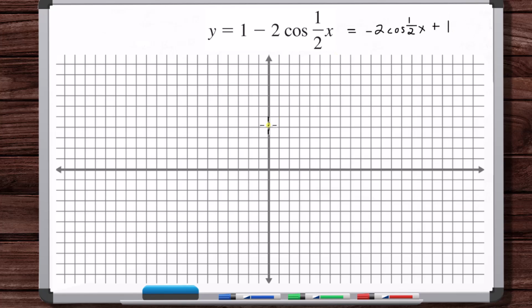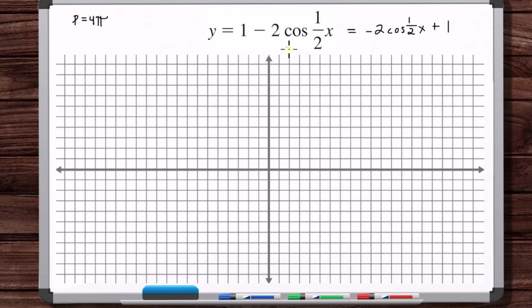We're going to shift up 1. There's no shifting horizontally. There's a scaling about the x-axis by a factor of 2, a scaling about the y-axis by a factor of 2, and a flip about the x-axis. So the period's going to go from 2 pi to 4 pi.